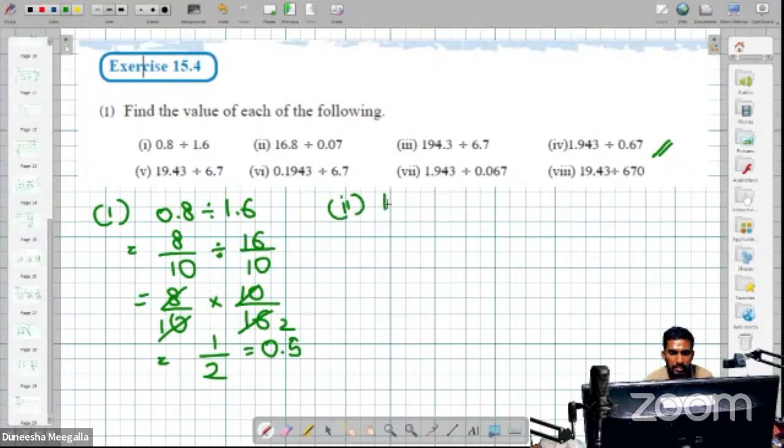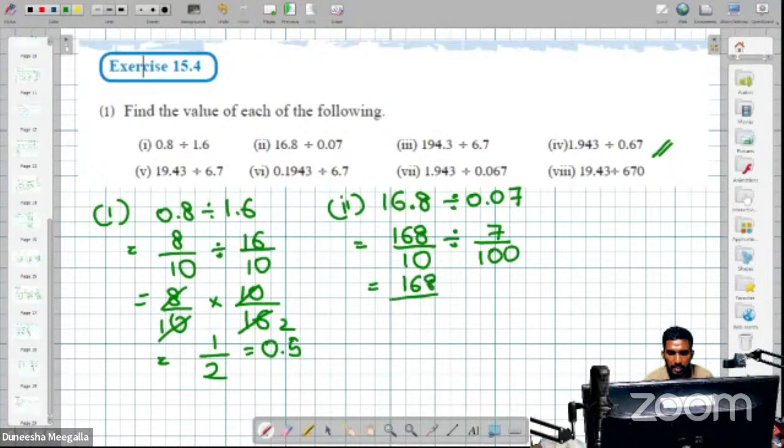Second one, 16.8 divided by 0.07. Now we can write 168 over 10 divided by 7 over 100. 168 over 10 multiplied by 100 over 7.